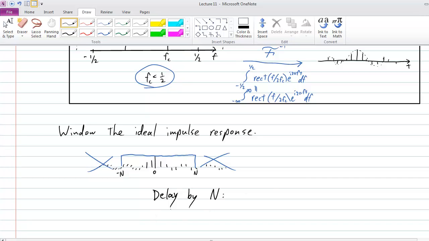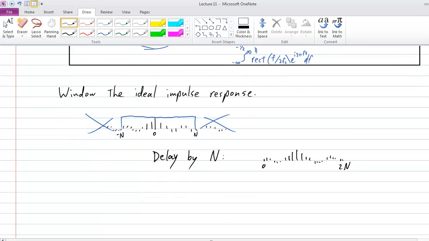And then that means that we have that same thing there, but it now goes from 0 to 2N. Okay, so we have something that we might use as a finite impulse response and hope that it does low-pass filtering. Let's figure out what it really is going to do.